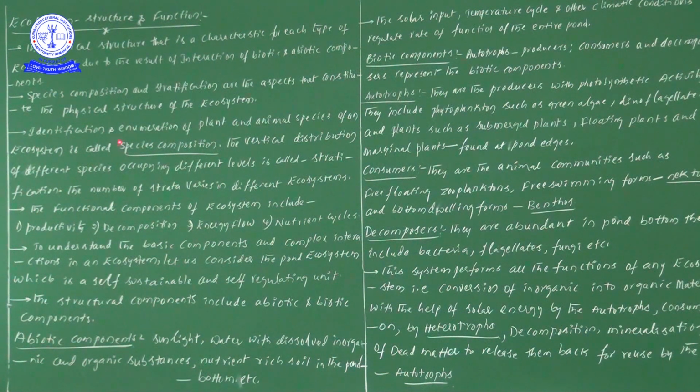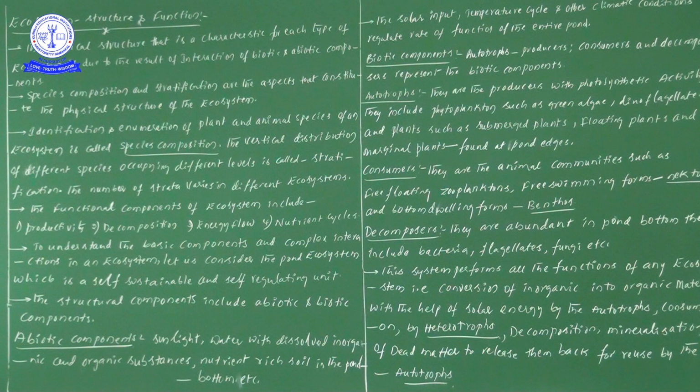That is identification and enumeration of plant and animal species of an ecosystem. Identification means what plant it is and which family it belongs to. Enumeration is a new word; description means explanation of that.